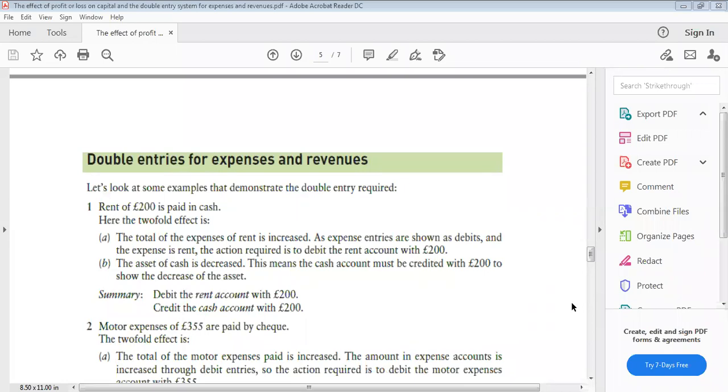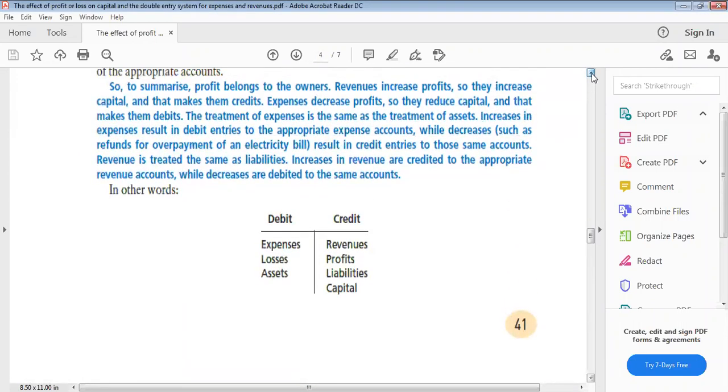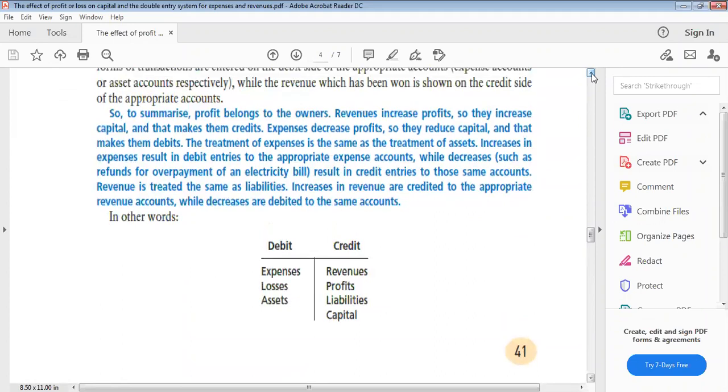All right, now let's continue. Look at the double entry for expenses and revenues. The treatment of expenses is the same as the treatment of assets.